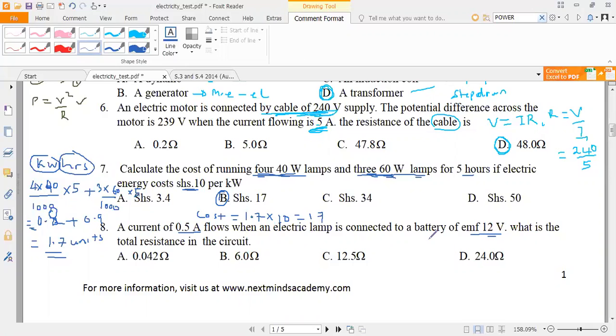Here we directly use the equation V equals IR from Ohm's law, where the resistance R will be given by V divided by I. So the resistance will be 12, which is the EMF, divided by the current, which is 0.5, and we end up with our answer as 24 ohms. Resistance is always measured in ohms, so the answer for this question is D.